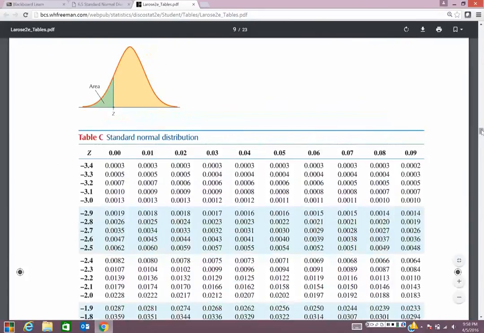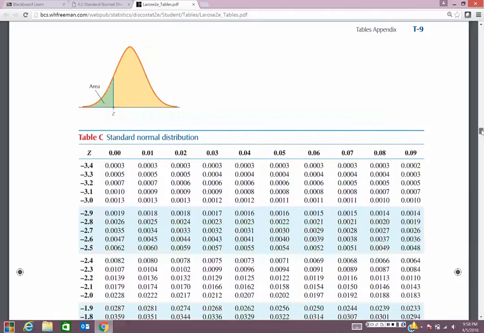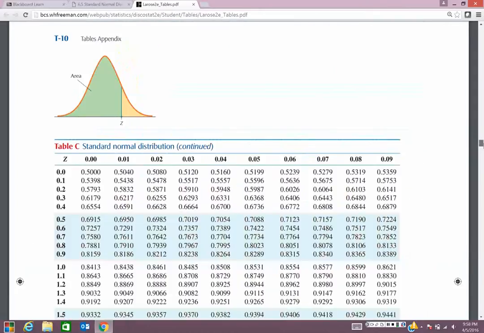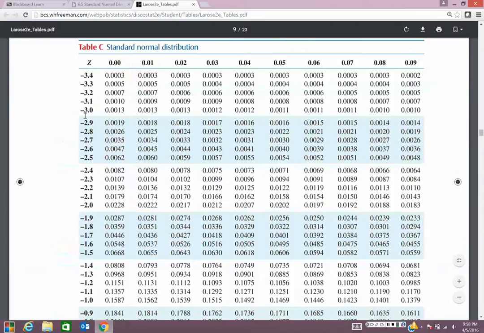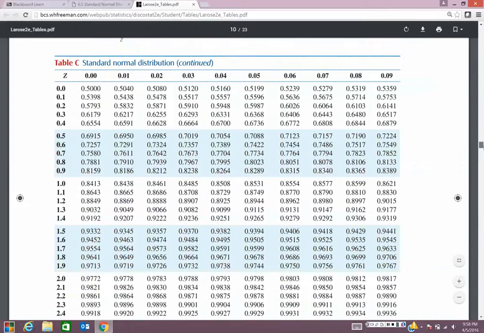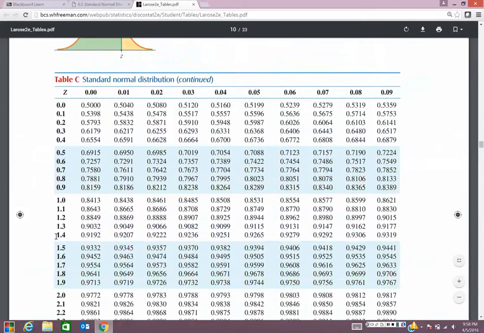And I want you to get familiar with the Z table because, as you can see, there are two pages to the Z table. Notice that on the left we have Z's here. We have negative values on one page, and then we have positive values on the other page.